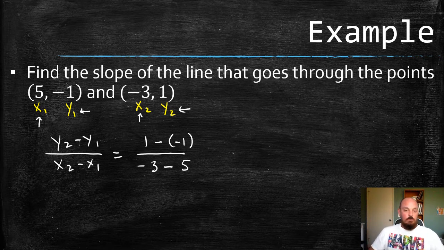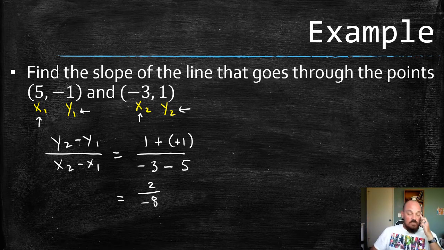So I put all my numbers in. Let's see what we end up with. On top, remember when you have a minus a negative, it turns into plus a positive. So 1 minus negative 1 is the same as having 1 plus positive 1, which is 2. And on the bottom, I have negative 3 minus 5 more would be negative 8.